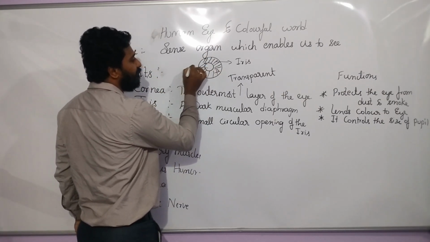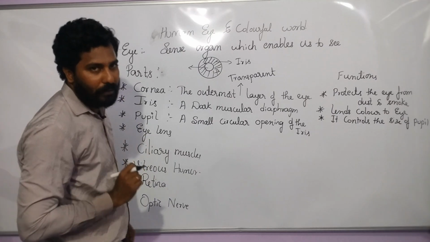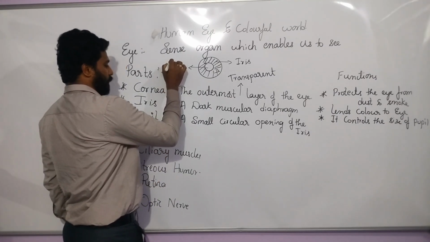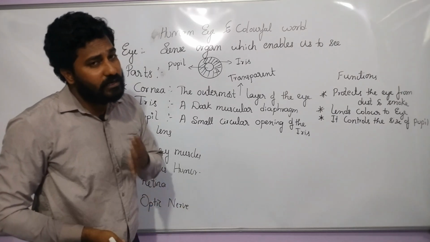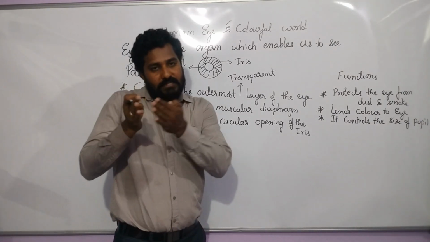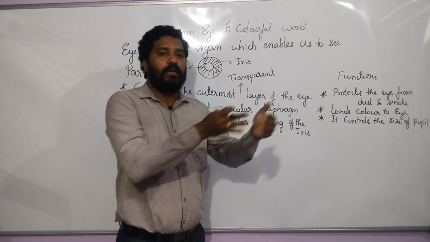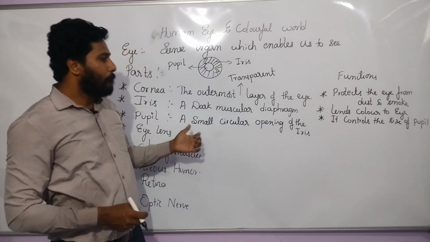Inside that we will have a small circular opening. That is called the pupil. If they ask you the definition, a small circular opening of the iris is called the pupil.